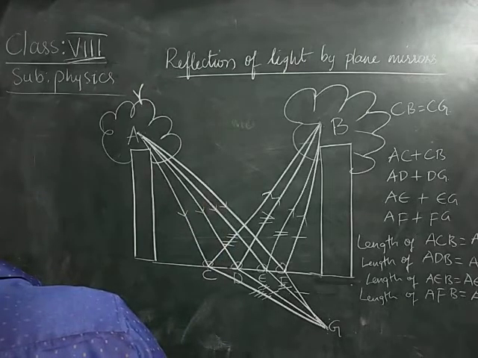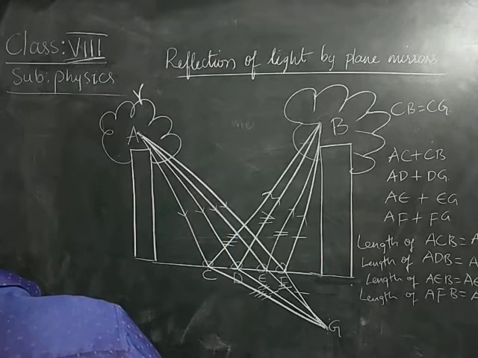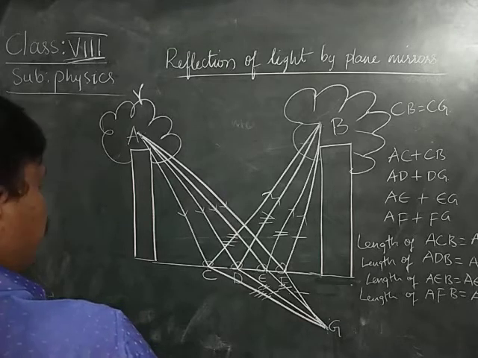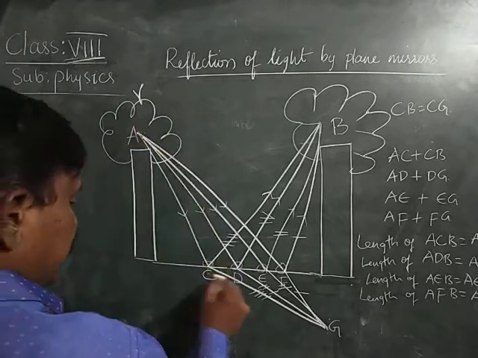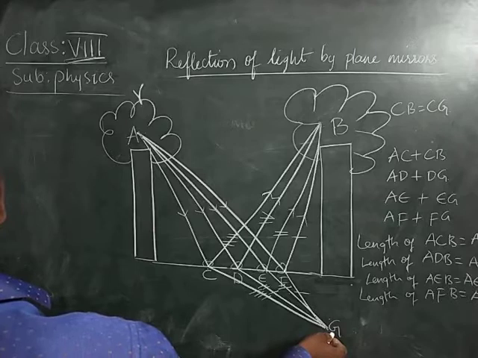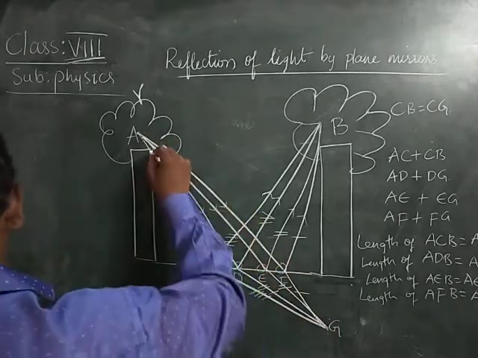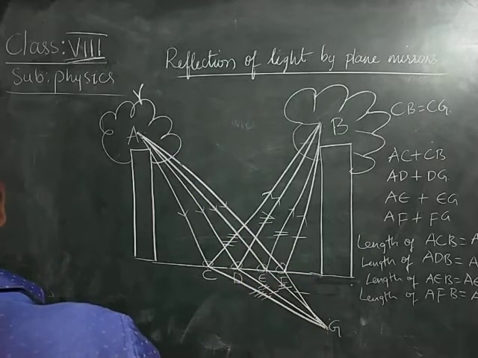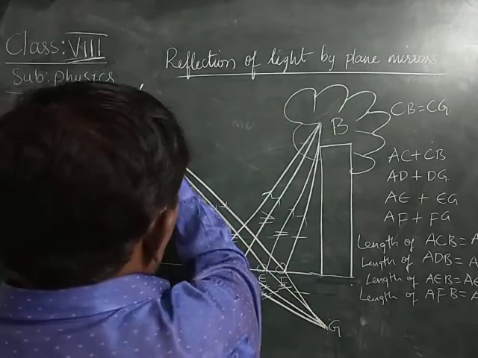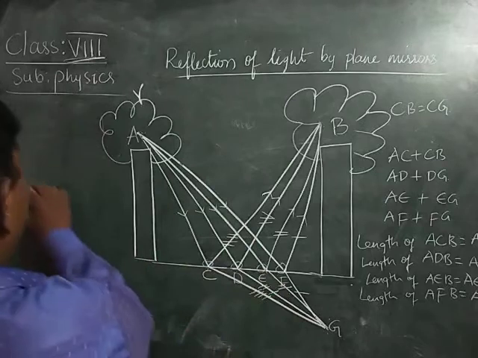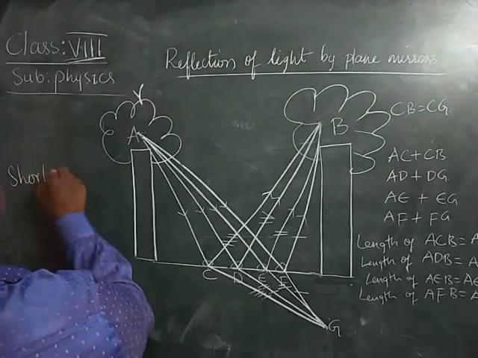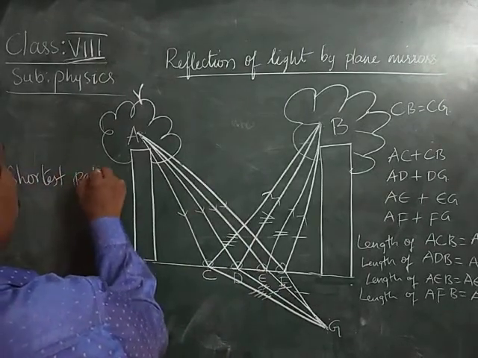if you observe over here, you will notice that among the paths ACG, ADG, AEG and AFG, the shortest path is AEG.